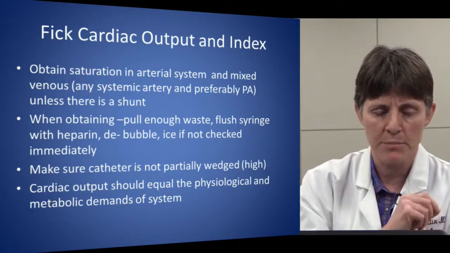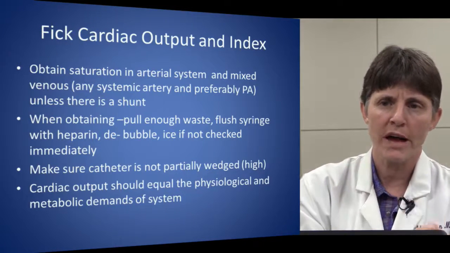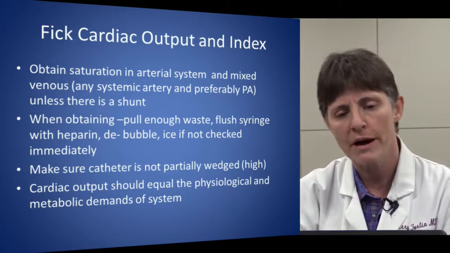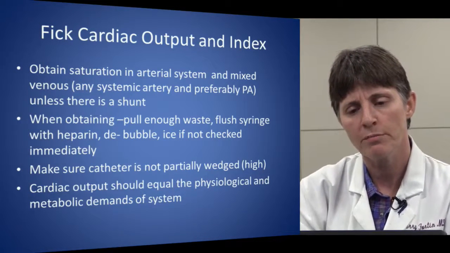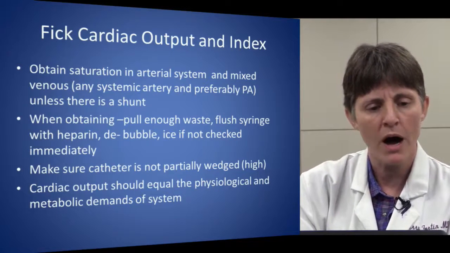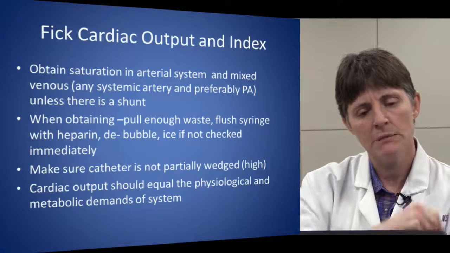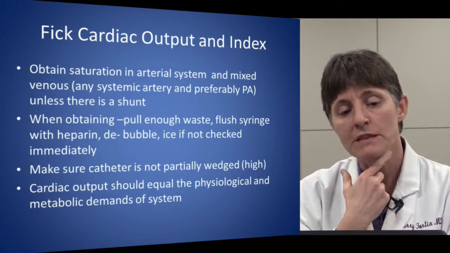I think that the biggest error in the ICU in terms of drawing sats is that we put our catheters out and we leave them pretty far out in the pulmonary artery, and as we pull back, we may be causing some sort of partial wedge pressure. So if you're getting sats that seem much too high to explain, you may need to pull your catheter back to the main pulmonary artery and repeat those.